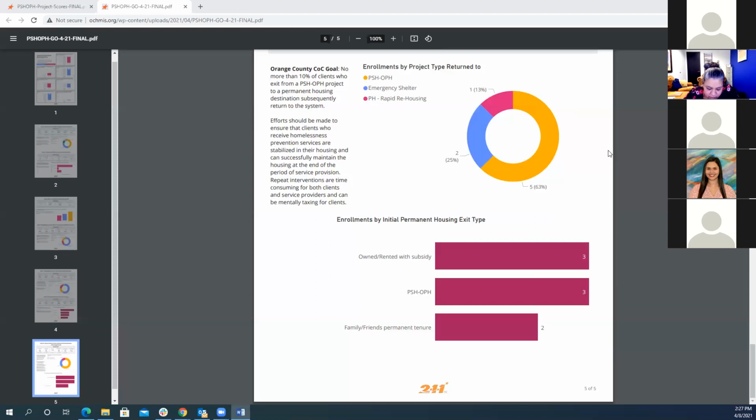Well, this is also only looking at clients that exited to permanent housing. Yeah, so they exited to permanent housing, and then they later returned to homelessness. Okay, I misunderstood. Yeah.